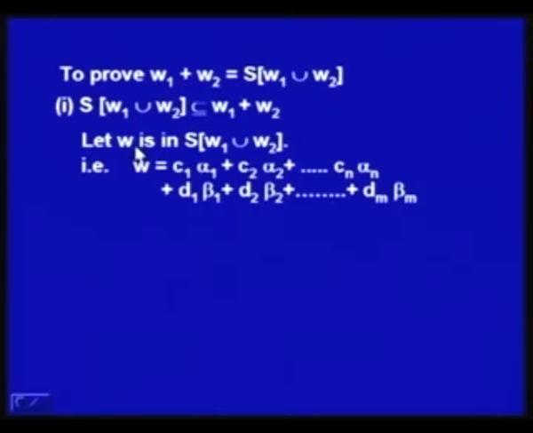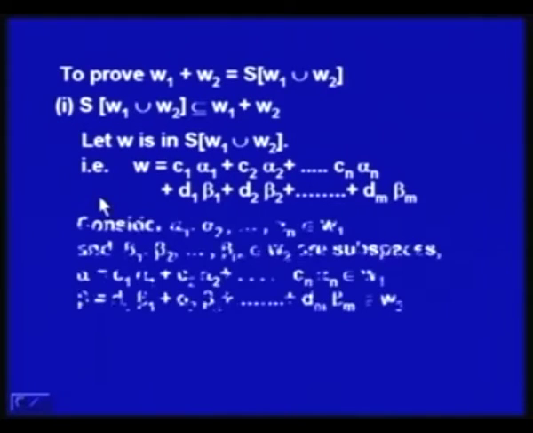So, let us say we have a vector w in the span of W1 union W2, then this can be written as a linear combination of vectors of W1 union W2. So, what are the vectors of W1 union W2? They will be vectors belonging to W1 and vectors belonging to W2. So, I write w as c1 alpha 1 plus c2 alpha 2 plus up to cn alpha n plus d1 beta 1 plus d2 beta 2 plus up to dm beta m.